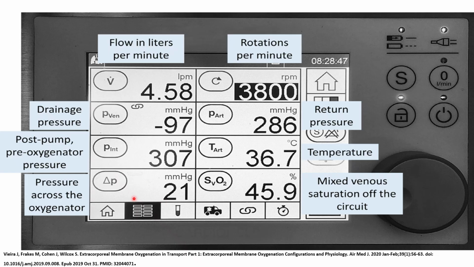Delta pressure is the pressure across the oxygenator, the difference between P2 minus P3, and it's very important to indicate membrane function. P arterial, or P3, is the return pressure, which is the post-oxygenator pressure. Here is the temperature of the blood inside the circuit, and SvO2 is the mixed venous saturation, which measures the saturation of the blood entering the circuit.